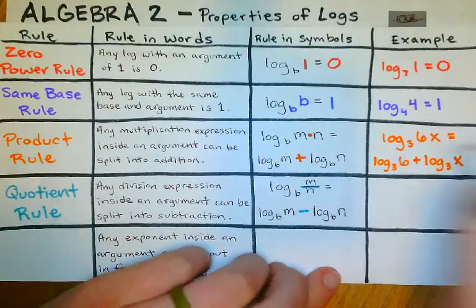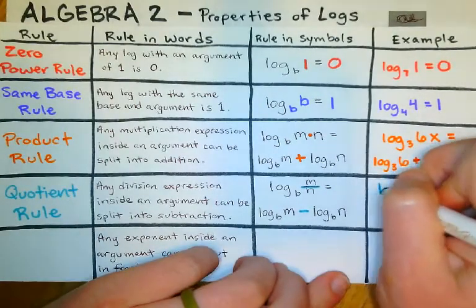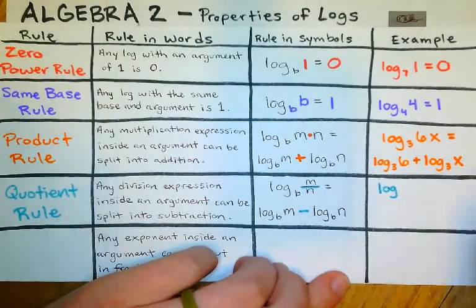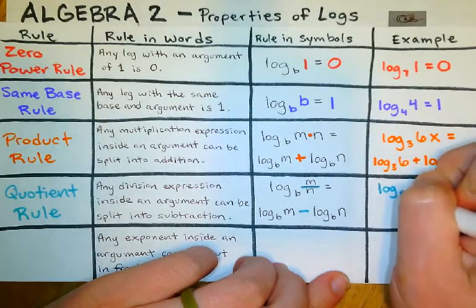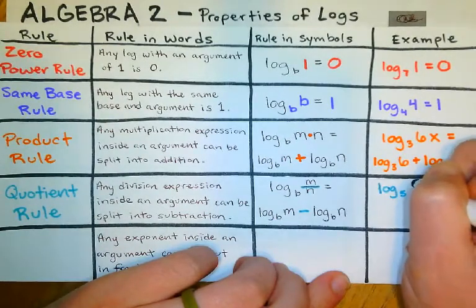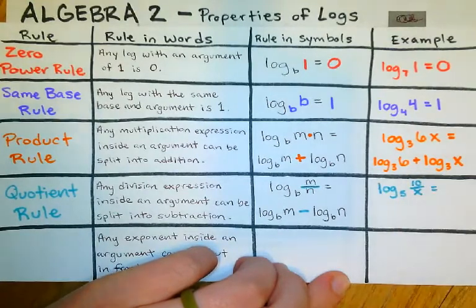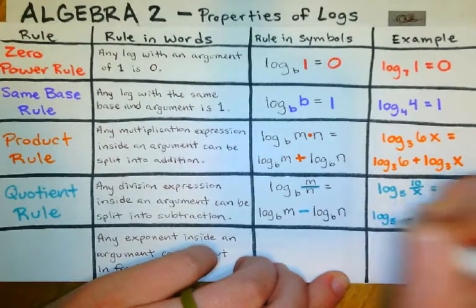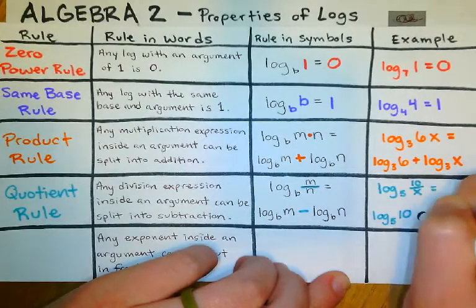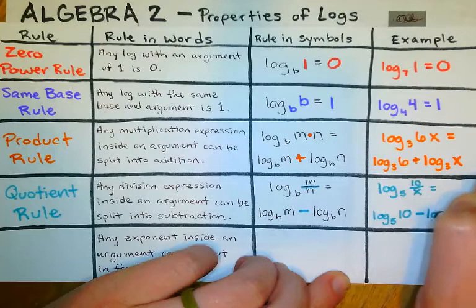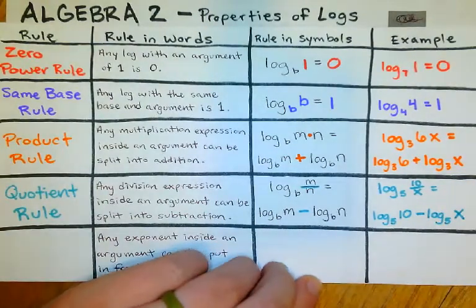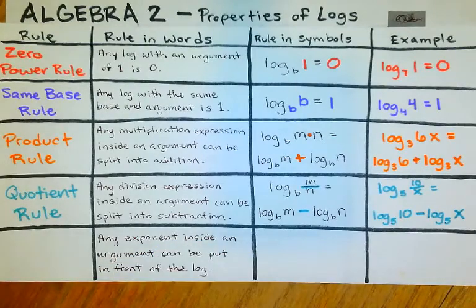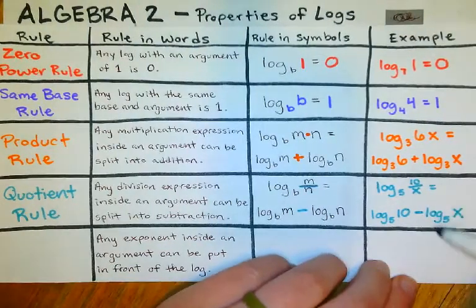So our example, if we have log base 5 of 10 over x, we can split that into log base 5 of 10 minus log base 5 of x.